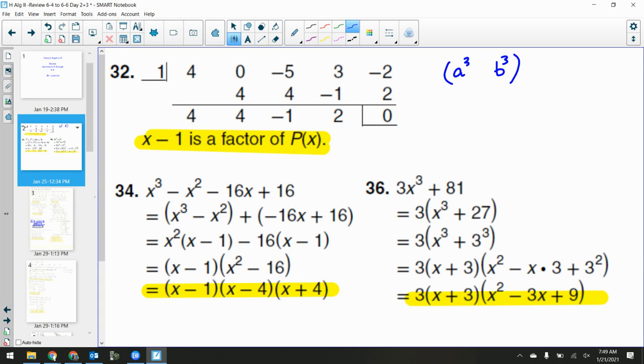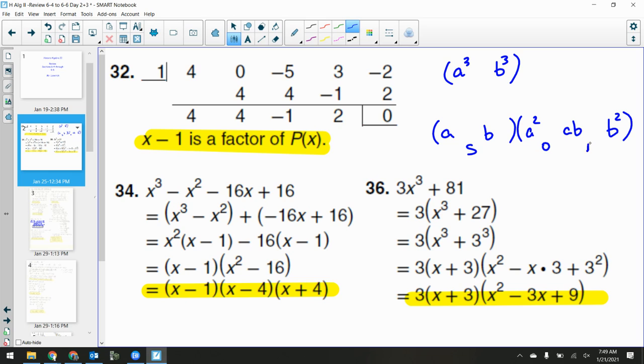If you've got two perfect cubes, and it doesn't matter the sign in the middle, it could be a plus or a minus. It's going to factor into something that looks like this. You have a and b, and then we have a squared, a b product, b squared. And now, how do we tell the signs in the middle? Well, remember, that's the SOAP rule.